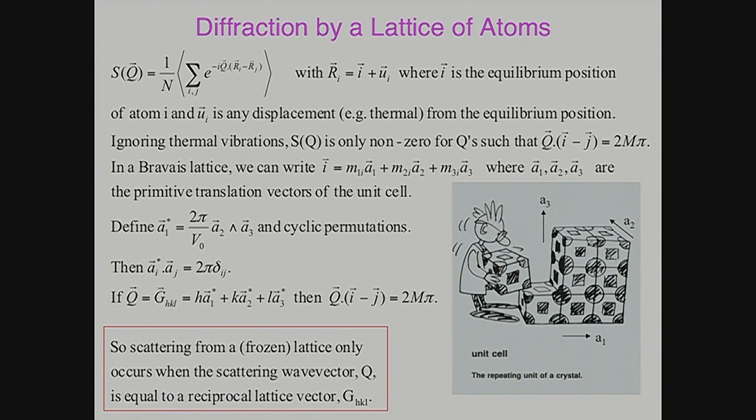I'm not going to go through this because it's probably not of huge interest to most of you, but let me just cite the general results. The general result is that if you have scattering from a frozen lattice of atoms, in other words, you put atoms on a regular array of lattice sites, like this cartoon character is doing over here, then you will only get scattering in particular directions, and that scattering is called Bragg scattering.